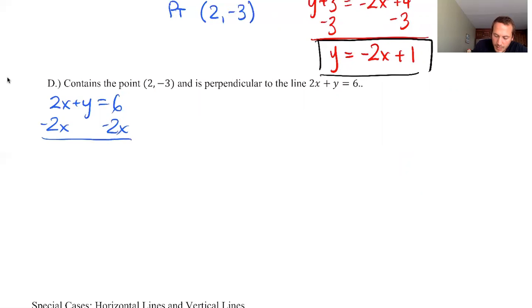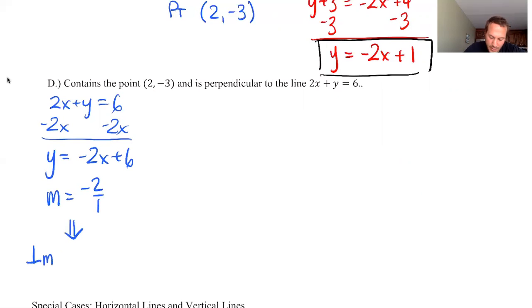If I simplify, it gives me y equals negative 2x plus 6. This line has a slope of negative 2 over 1. If that's my slope of this line, that means that the perpendicular slope, I want negative reciprocals. The negative reciprocal of negative 2 over 1 is positive 1 over 2.